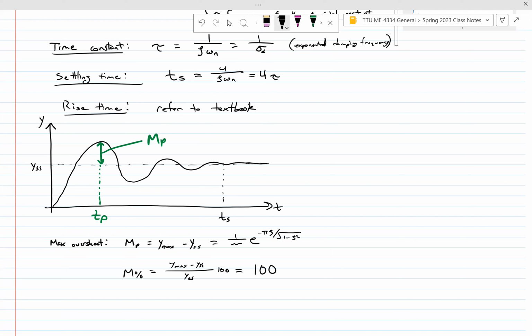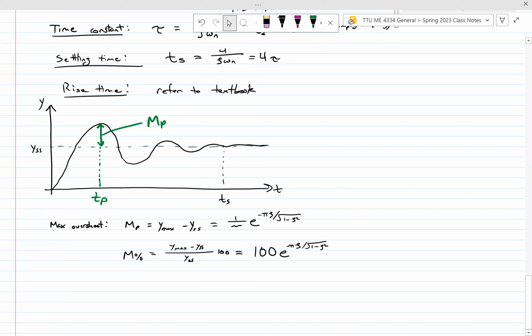So our max percent overshoot is e to the negative pi zeta over the square root of 1 minus zeta squared. Max percent overshoot is only a function of our damping ratio. You design a system to have a specific max percent overshoot, you're designing it to have a specific damping ratio.